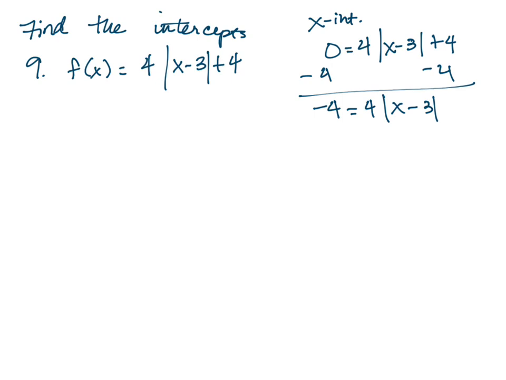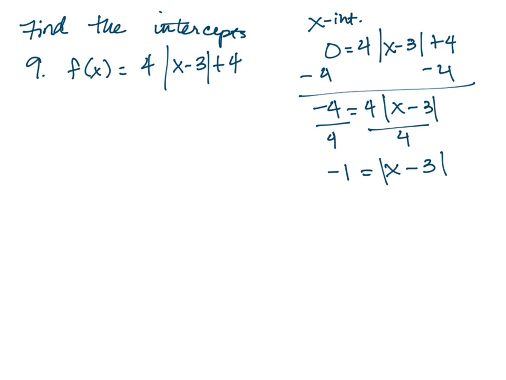Then what? Divide by 4. So I have negative 1 equals the absolute value of x minus 3. Is this triggering any thoughts? None. Okay.